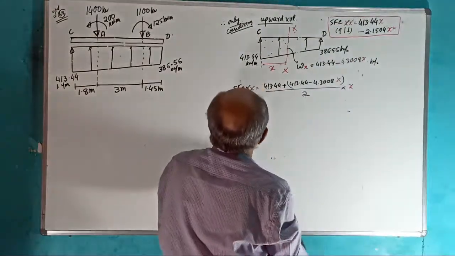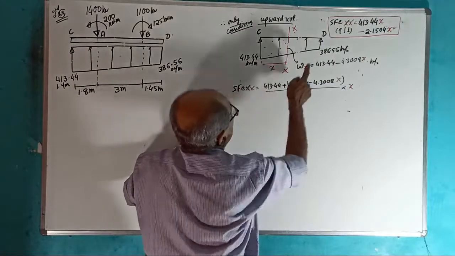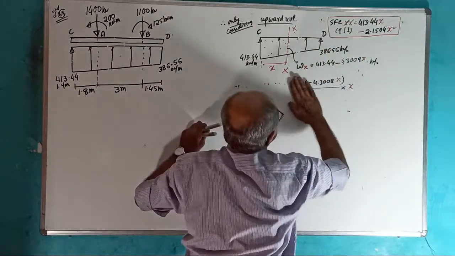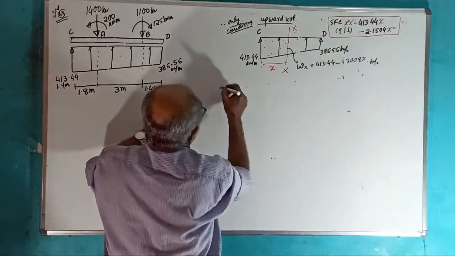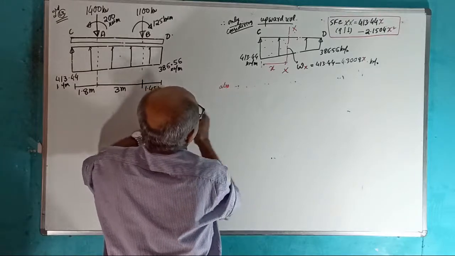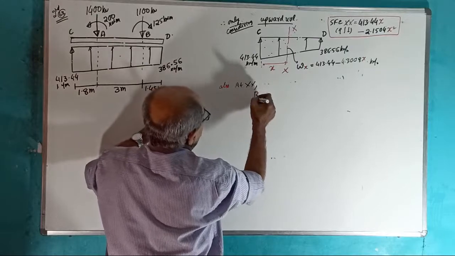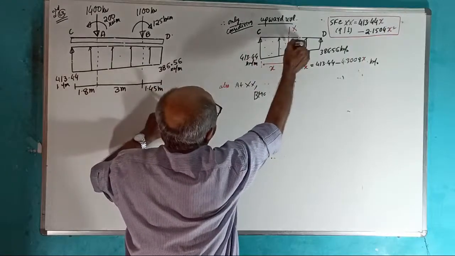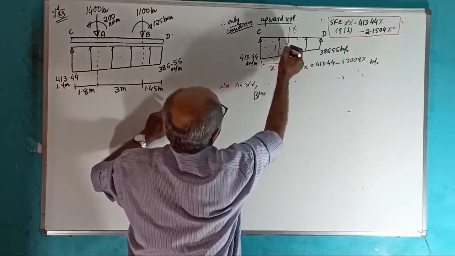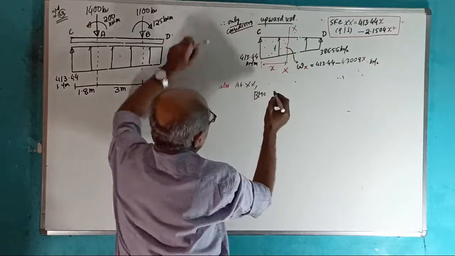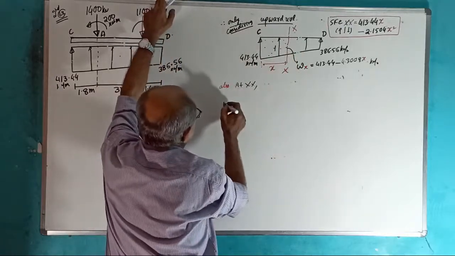Over. Now, this I am removing now. Summary is there, I remove. Now also, at the XX, at that red XX, bending moment due to only this load is total load into this distance. I will not explain why, I have explained it a thousand times over already.